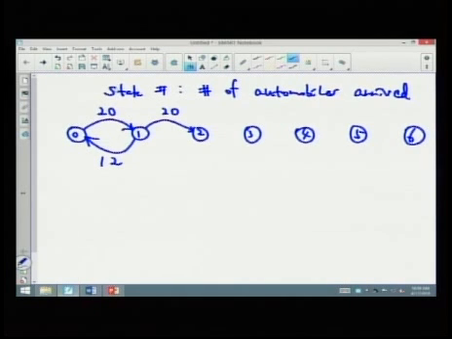If there are 2 cars, what is the service rate? If there are 2 cars in the gasoline station, then they're going to use 2 pumps, right? And each pump will have service rate of 12. So you need to multiply by 2. Is that right? Keep in mind that this gasoline station operates 3 pumps, right?